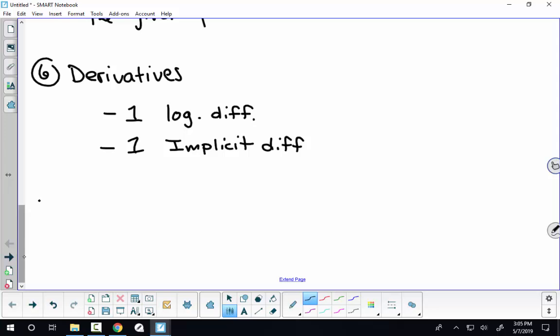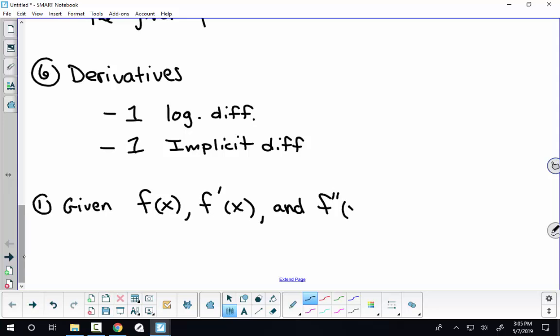You'll have one question where you're given a function f, the derivative f prime, and the function's second derivative, and then you'll be given that information.